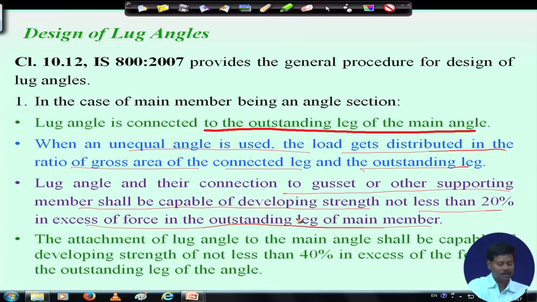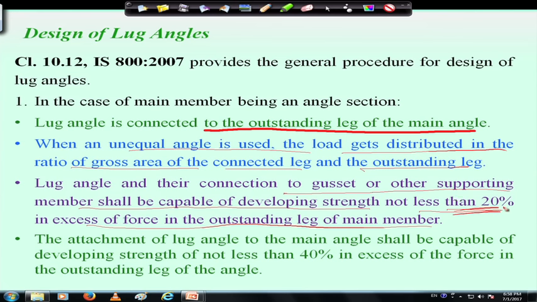That means, whatever load is coming here, excess to that, 20% more load has to be carried by this. So, when we are going to design a lug angle, we have to take the load proportionately coming to that member, plus 20% of that.